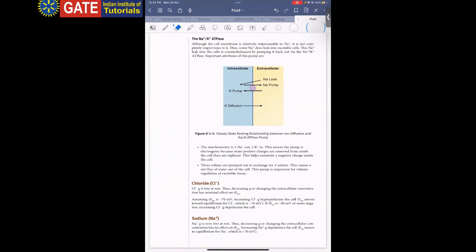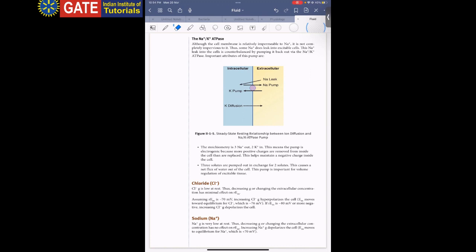So that is the potential for the potassium. Now let's talk about a very important pump that is present in your body. That is the sodium potassium ATPase pump. First, you know that our cell membranes, all the membranes in your body, are usually impermeable to the sodium and potassium, but not completely impervious, because of the presence of these channels.